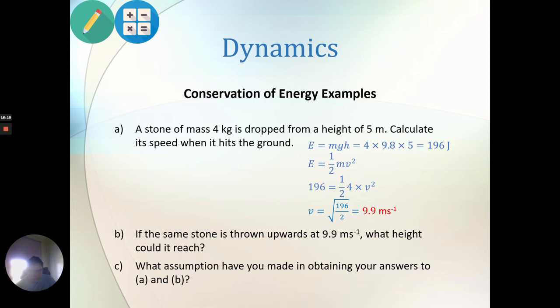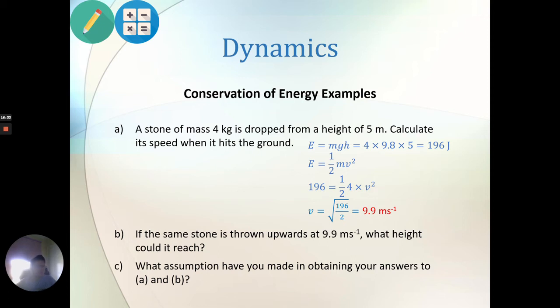We're then told if the same stone is thrown upwards at 9.9 meters per second, what height could it reach? Well, we could do E equals a half mv squared, find the kinetic energy, and then substitute that into E equals mgh and find out the height.